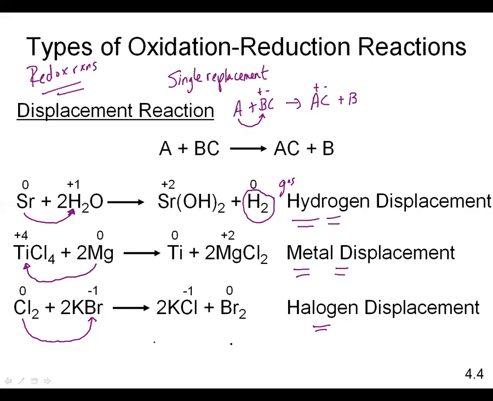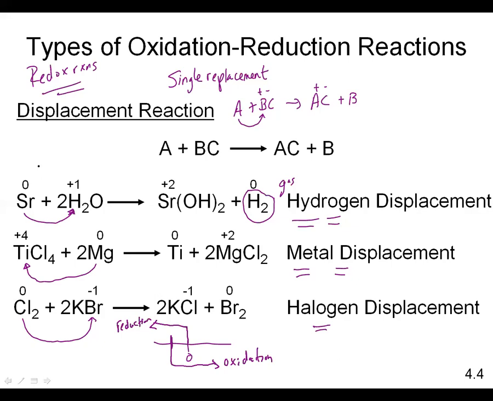Again, just to show you that, we have our chlorine that started at 0 and ended at -1, which means it's going through reduction. And our bromine started at -1 and went towards 0, which is going through oxidation. So again, you can use that little number line to help you figure it out.